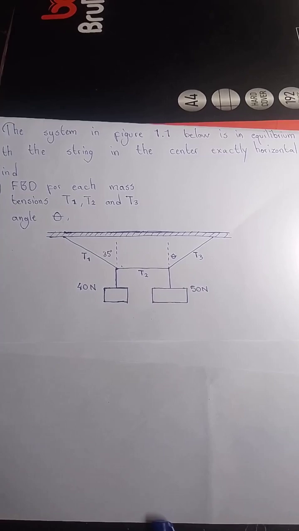So this is how we are going to do it. Our first one requires us to find the free body diagram. The free body diagram is simply a diagram that shows all the forces that are acting on an object as if it is isolated.